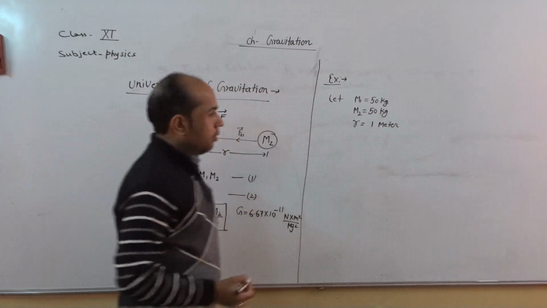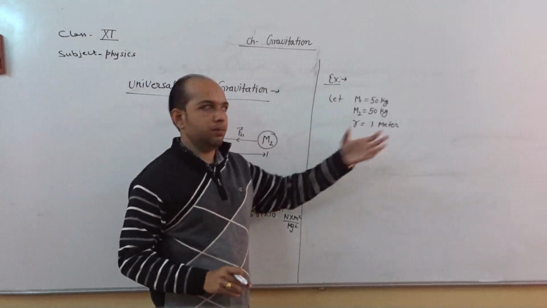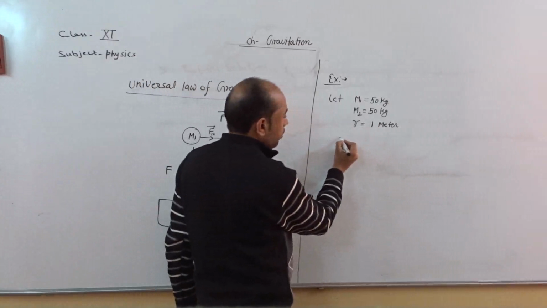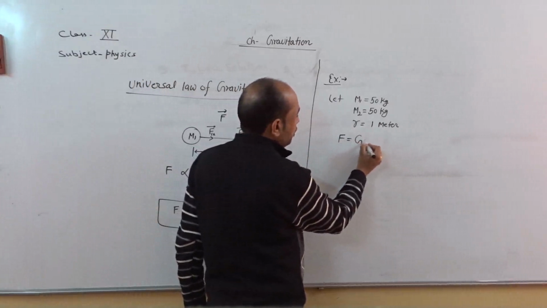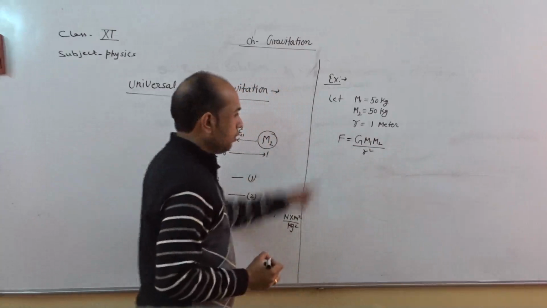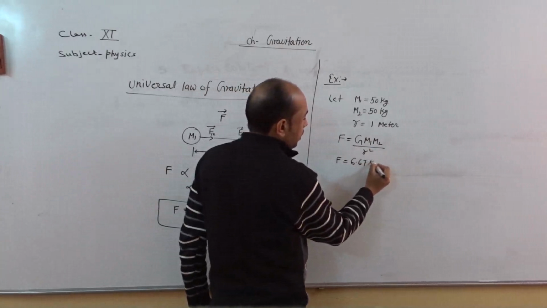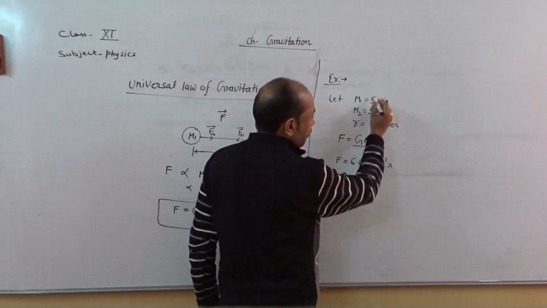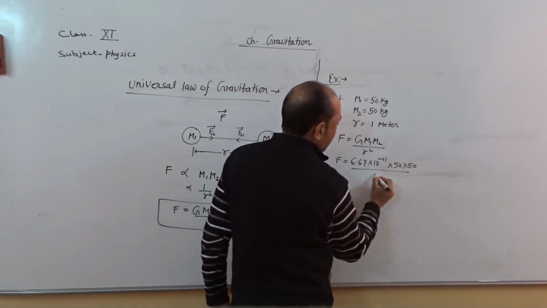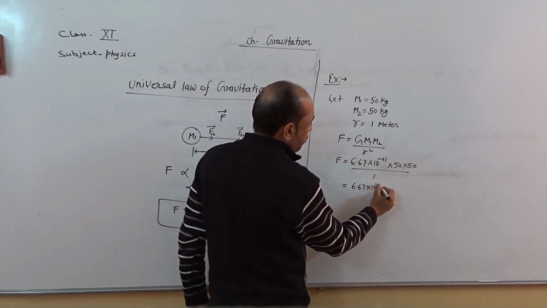Like in a classroom two students are separated by a distance of suppose 1 meter. So how much force is experienced by us? Now we use the identity F is equal to G m1 m2 divided by r square. So G is 6.67 into 10 raised to the power minus 11, 50 into 50 divided by distance square, that is 1.